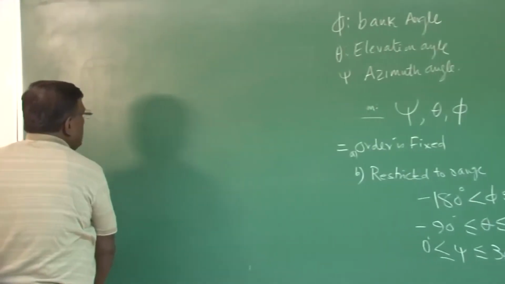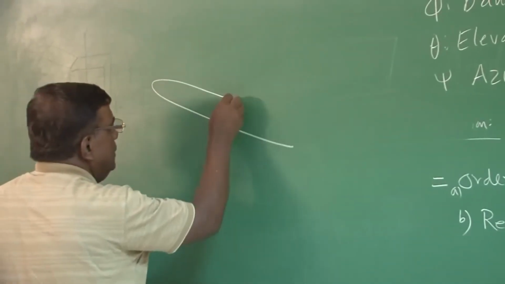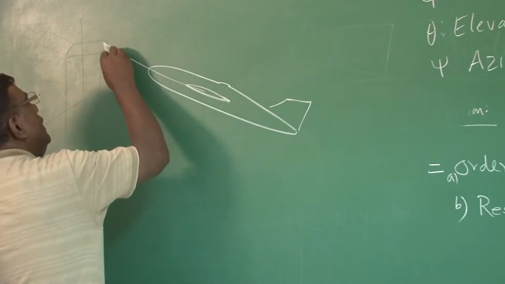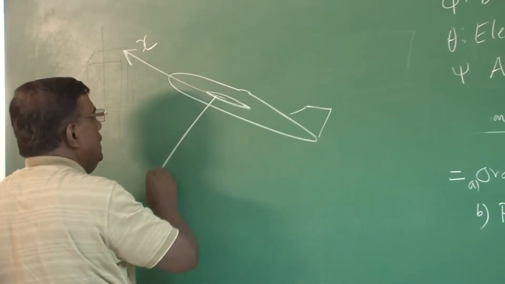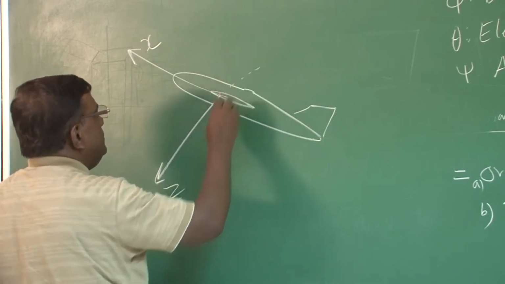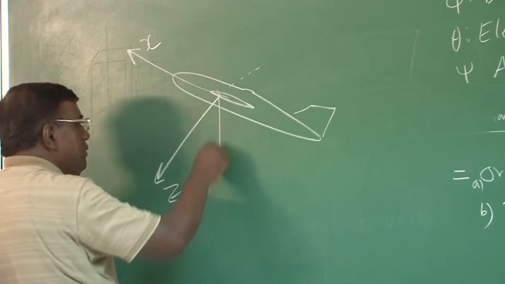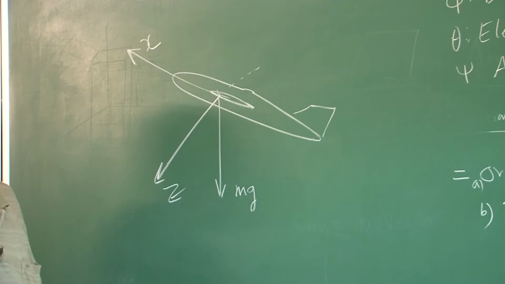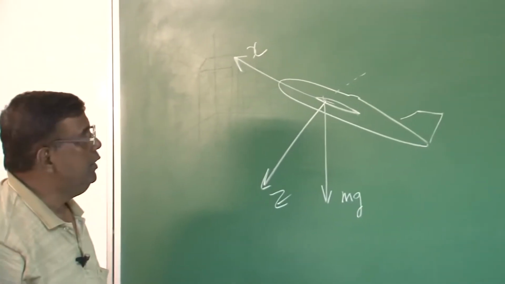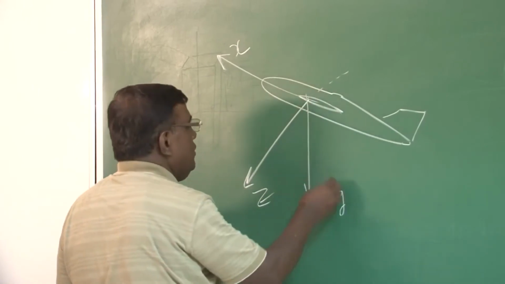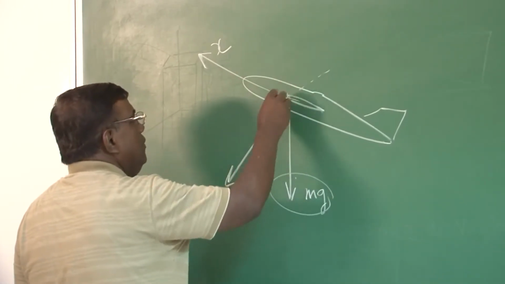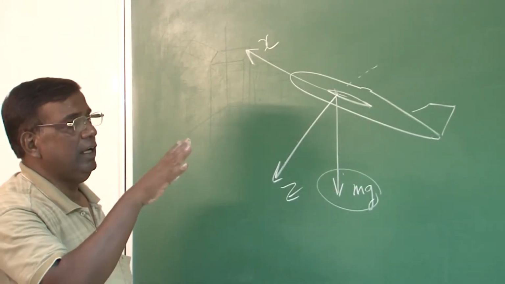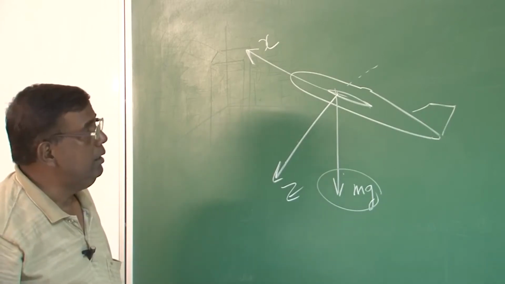That is more important. We have just seen that if I take two configurations like this, this is the x body axis, z body axis, and of course y, right? Now the gravity force mg will always act downward, in the direction of the inertial z axis. But as the orientation changes, its component along x, y, z also will change depending upon the elevation angle, the azimuth angle, and the bank angle.